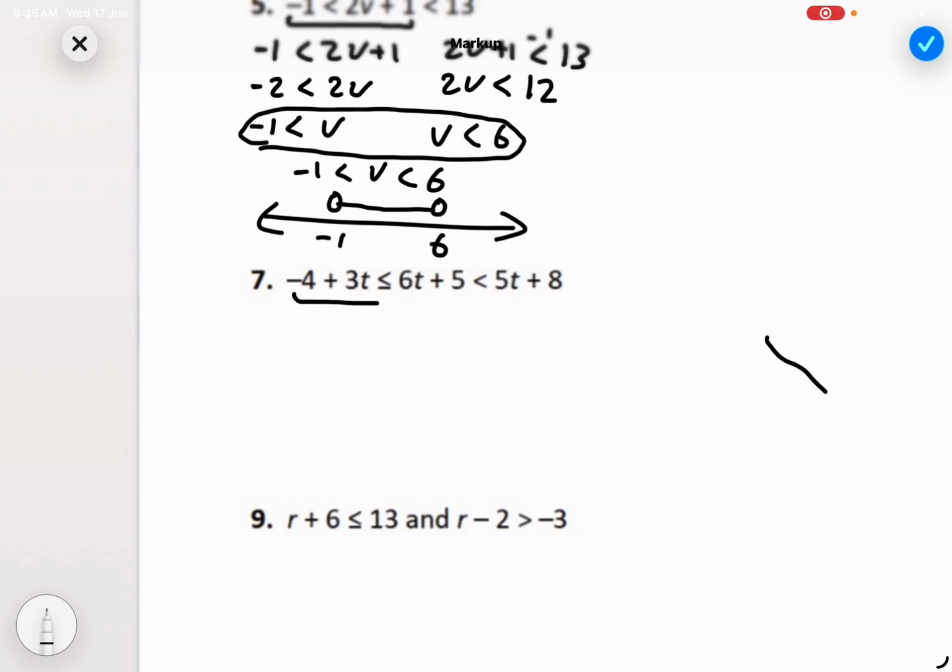Question 7. This is the first part, and then this is the second part. For the first part, we're gonna solve for t.